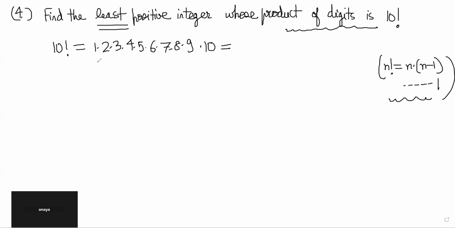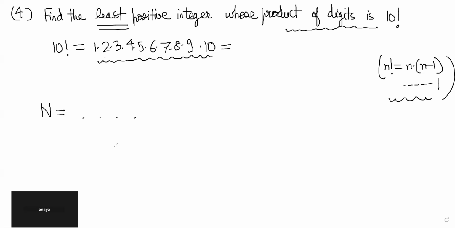So in order to realize that, you will need to find the prime factorization of this. This is the product of 10 numbers, but you can write it as powers of 2, 3, 5, 7. Why are we looking at that? Because when I make my number n, I want to have the least number of digits possible.